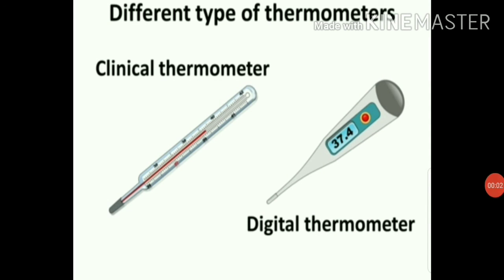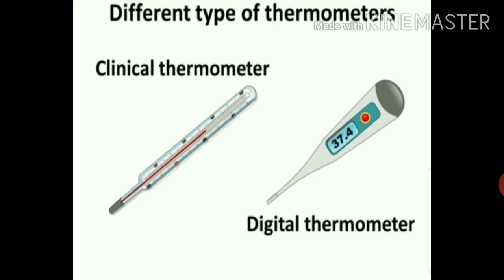So students, see the picture of the digital thermometer which is given on the screen. In a digital thermometer, the reading of temperature is displayed digitally as in digital watches. It has a plastic body with a display screen. This is safe because no mercury is used in this. These thermometers contain a thermistor, which is a temperature sensitive device.